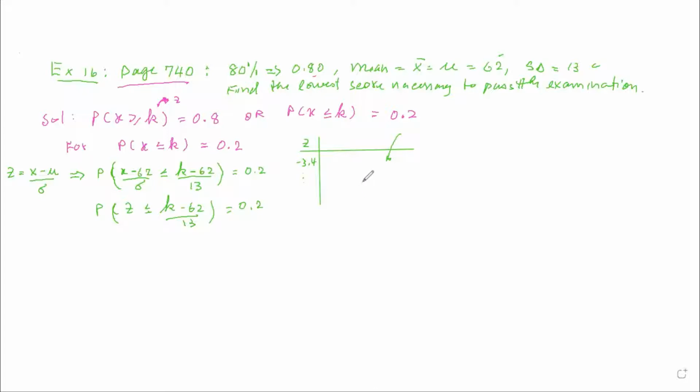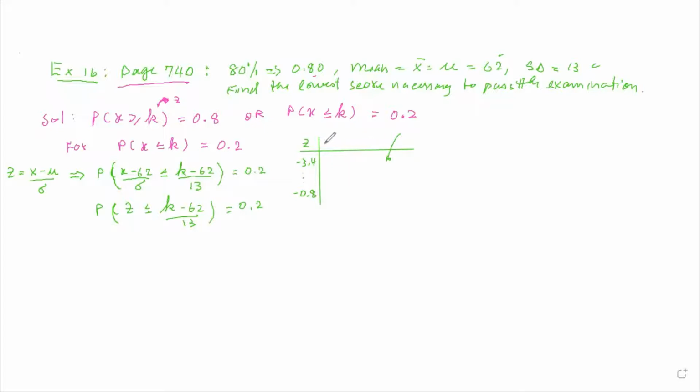So the area 0.2 is very close to negative 0.8. You lead down to 0.8, then 0.84, right?